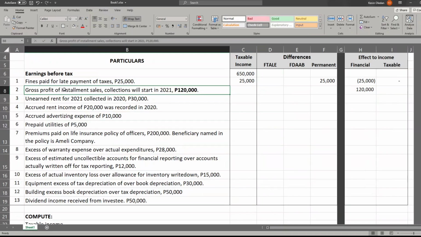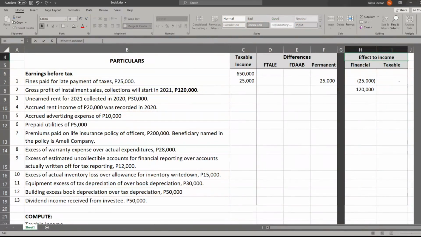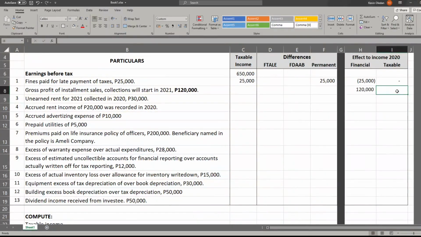Gross profit on installment sales, collections will start in 2021. That means that for 2020, so the effect to income of 2020, in 2020 taxation, the 120,000 is not recognized. It is not recorded.